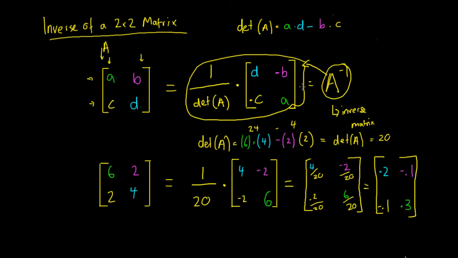So if we take the inverse of this matrix here, 6, 2, 2, and 4, we're going to get the inverse over here, which I call A negative 1, equal to 0.2, negative 0.1, negative 0.1, and 0.3.